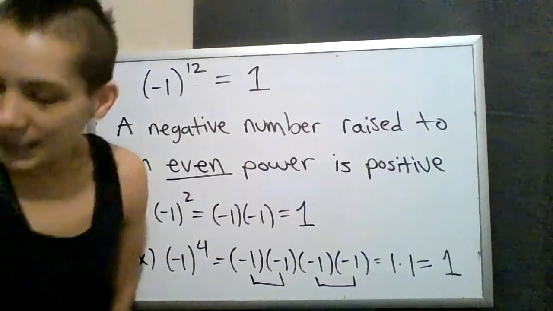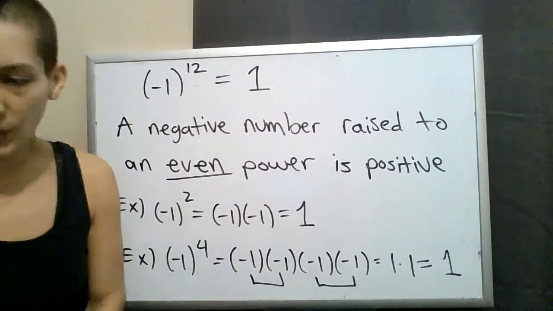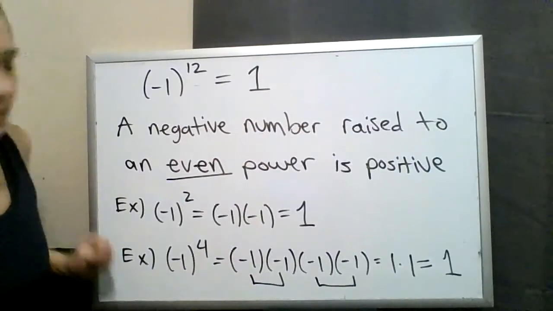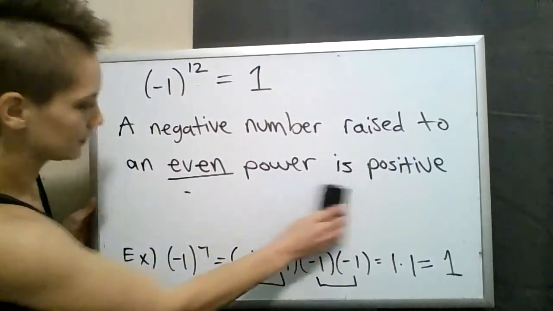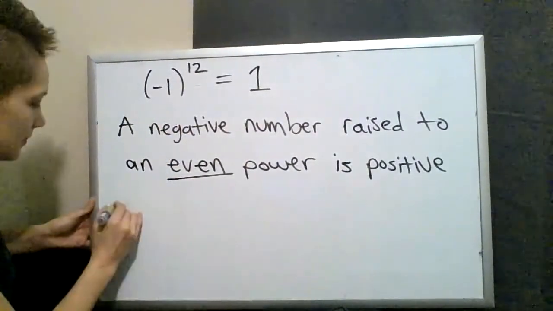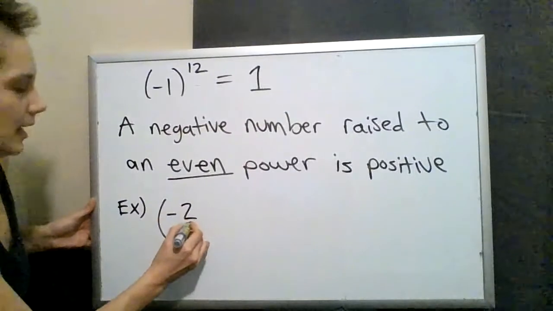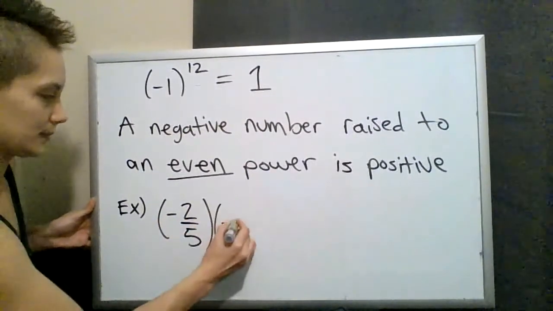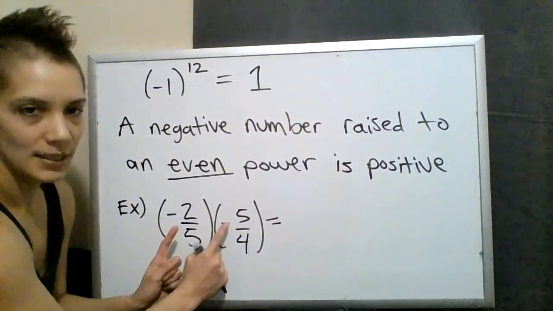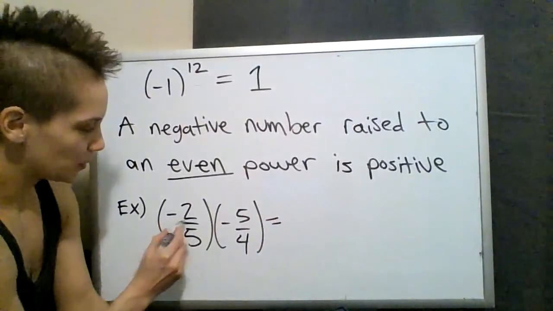All right, next. We're going to take -2/5 and multiply with -5/4. That's it. Negative times negative is positive, which we don't have to put down. We'll multiply across.